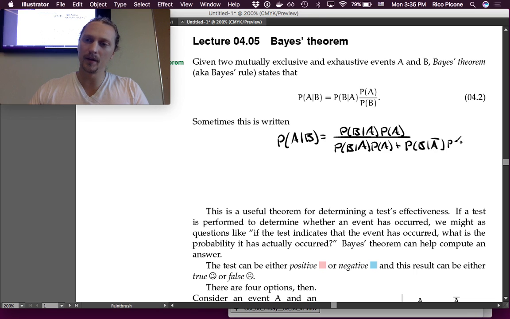Times the probability of not A, of the complement of A.